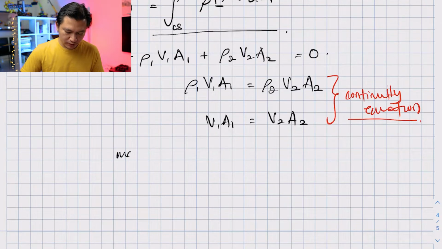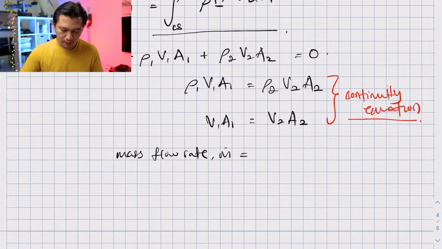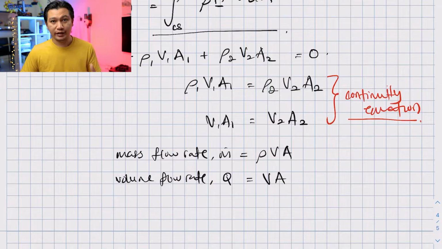And mass flow rate, or m dot, is defined using rho times velocity times area, and volume flow rate, which we call Q, is defined using velocity times area.